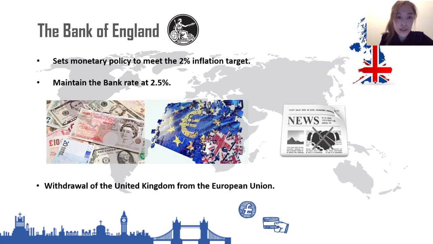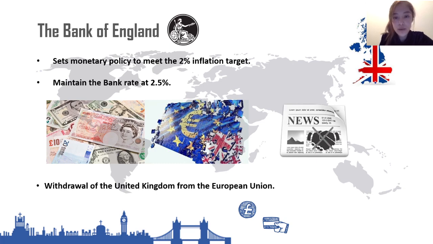The Bank of England's Monetary Policy Committee sets monetary policy to meet the 2% inflation target, and in a way that helps to sustain growth and employment. At its meeting ending on 13 September, the MPC will maintain Bank Rate at 2.5%.